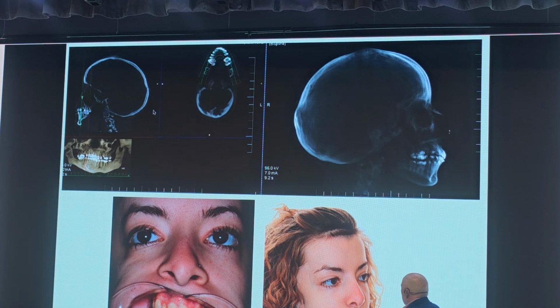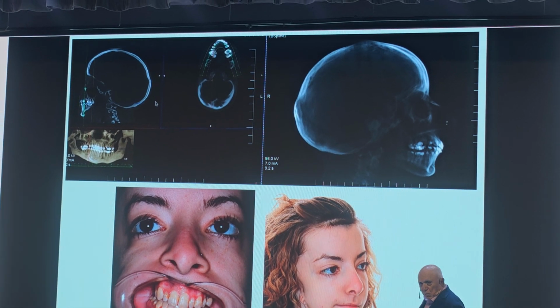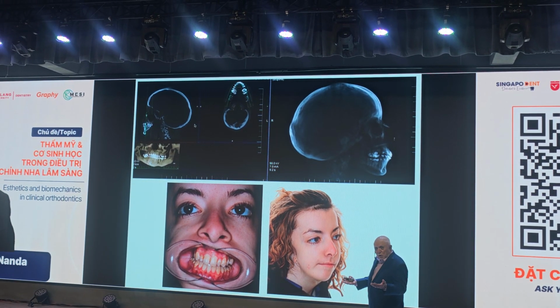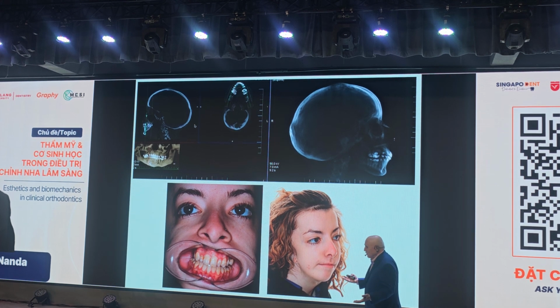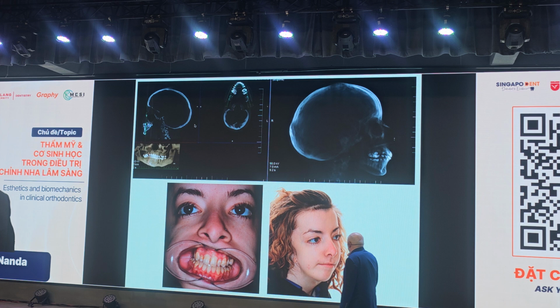Okay. This is what her occlusion looks like. And you want to change her occlusal plane. So remember I showed you how to change the occlusal plane? Even if you do surgery, you still have to change the occlusal plane in these patients. Biomechanics is the same in all these patients.